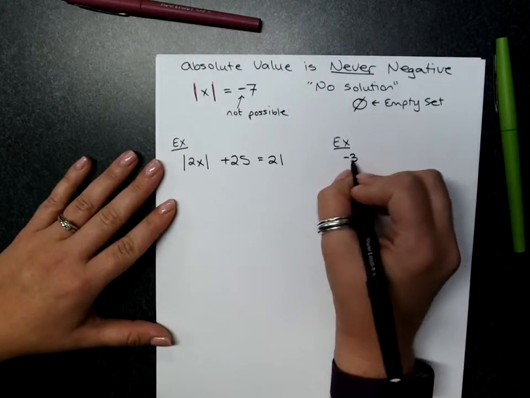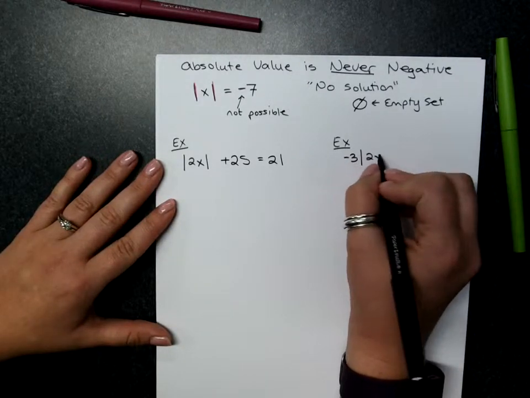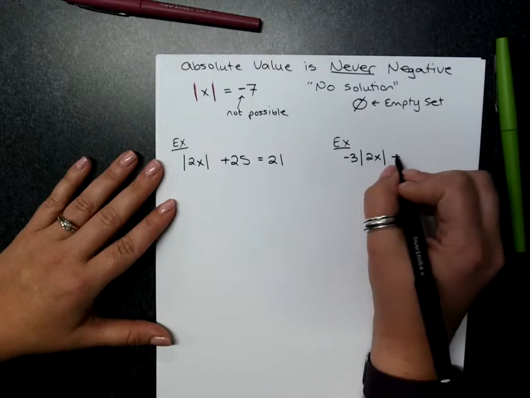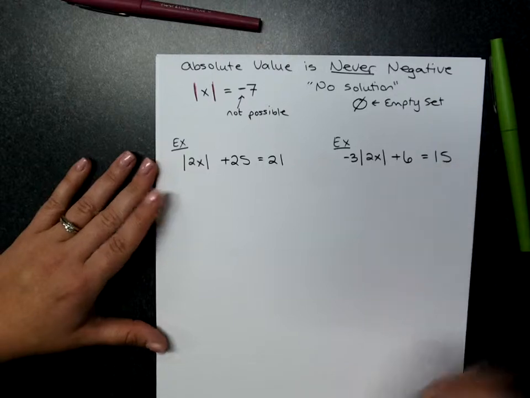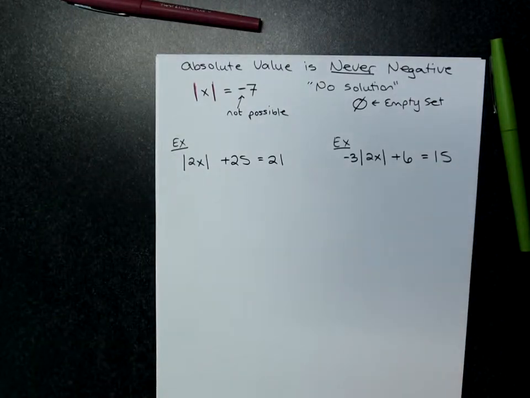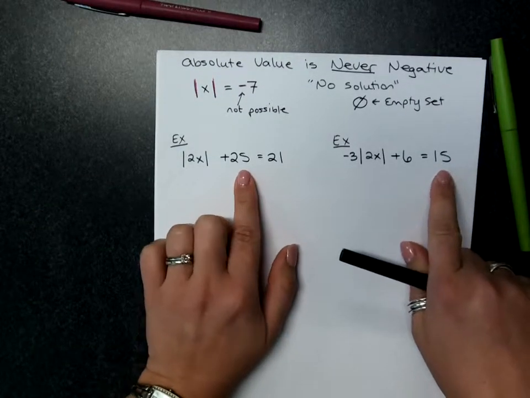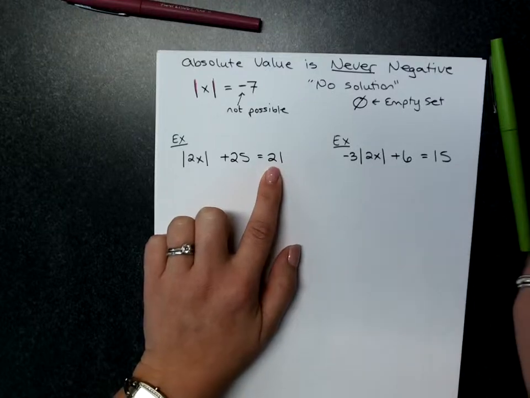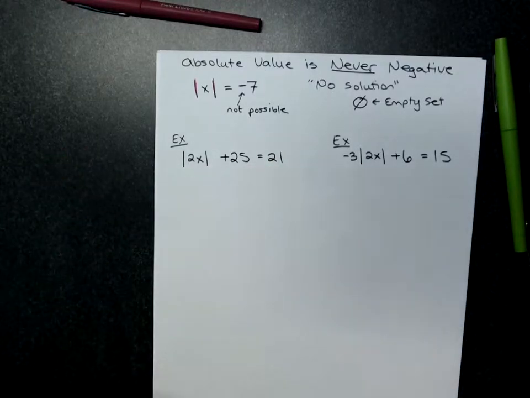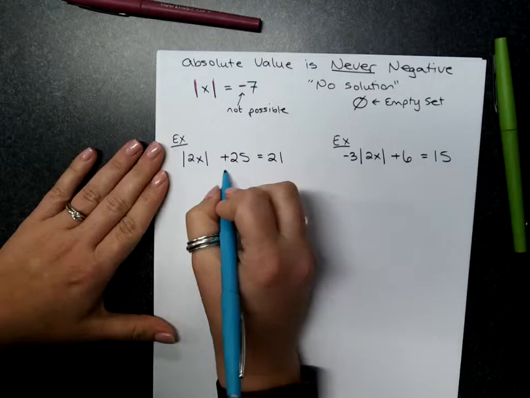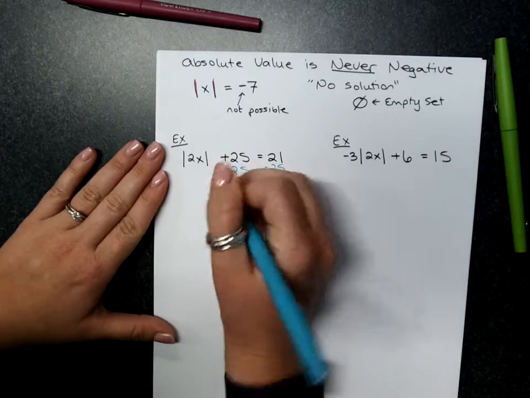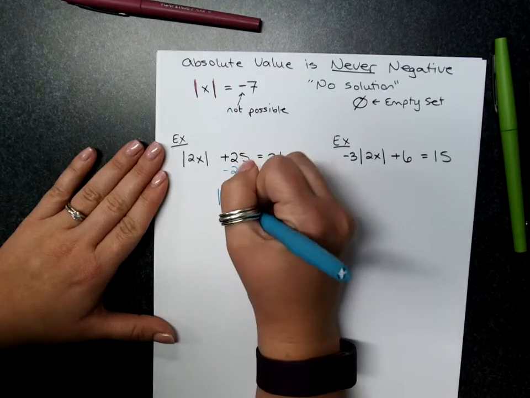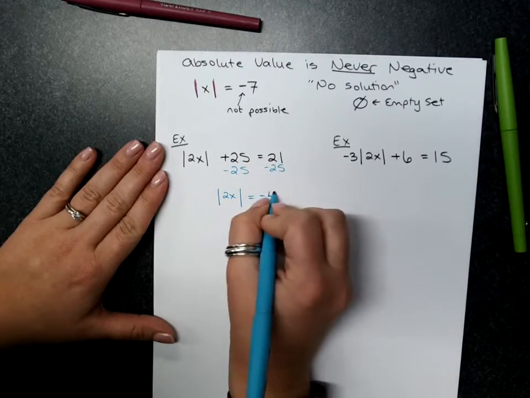have negative 3 times the absolute value of 2x plus 6 equals 15. At first, these two look okay. They equal a positive number. But when we start working it out and moving things around, when we subtract 25, we end up with the absolute value of 2x equals negative 4.